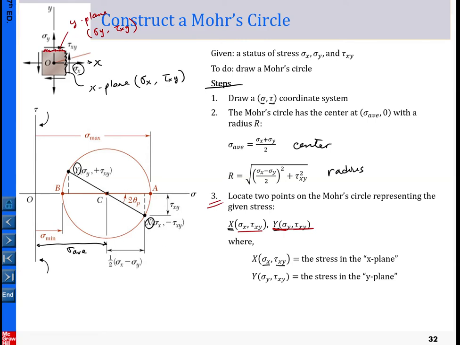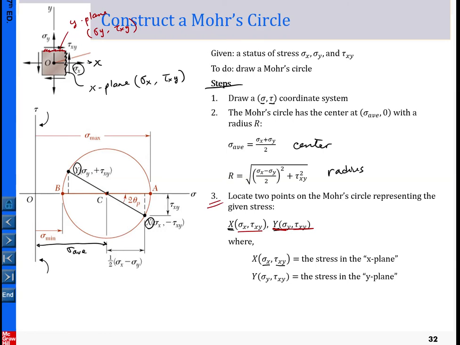Actually, the two points will serve as a starting point to many important summaries of what we learned: the principal stresses, principal directions, transformed stresses, etc. So the x and y points serve as starting points for those calculations.